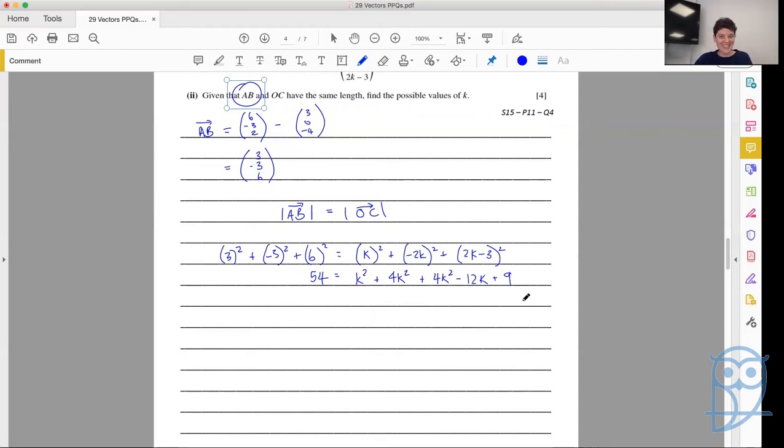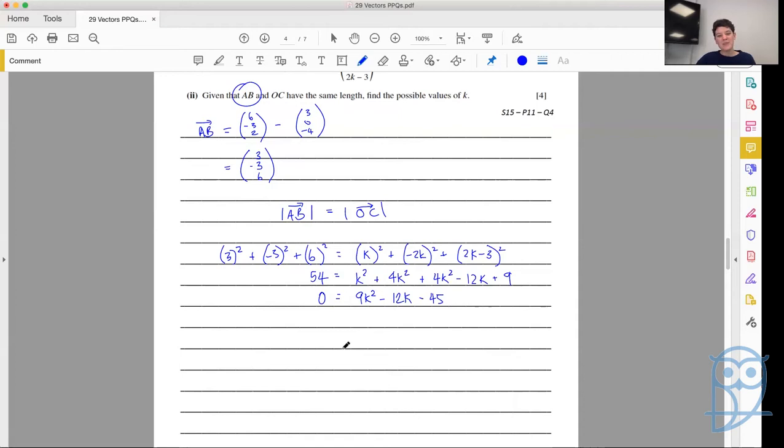Obviously, we have a quadratic, and we're looking for possible values of k, so things are falling into place. So let's get it all together. So 0 equals 9k squared minus 12k plus 9 minus 54, minus 45.